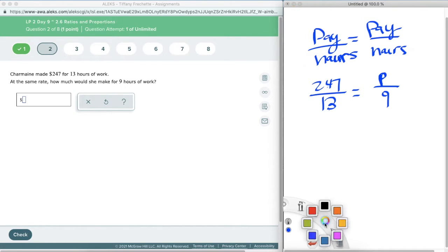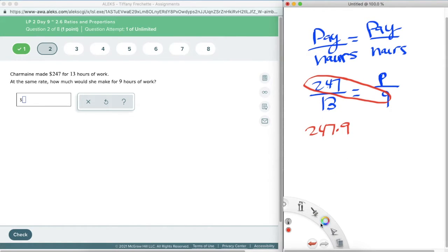Once we have a proportion set up, we can cross multiply. So I can go like this, 247 times 9, and they did give us a calculator on this one, so I'll come over there in just a minute, equals, and then we're going to cross multiply the other way here, like this. 13 times P is just 13P.